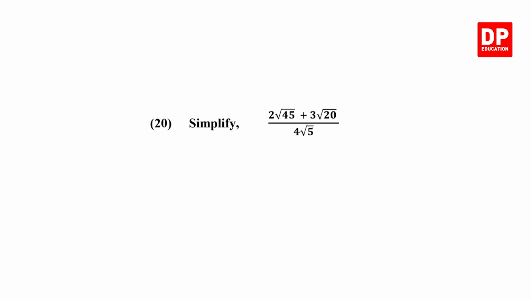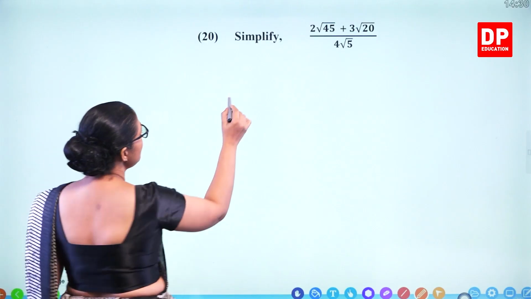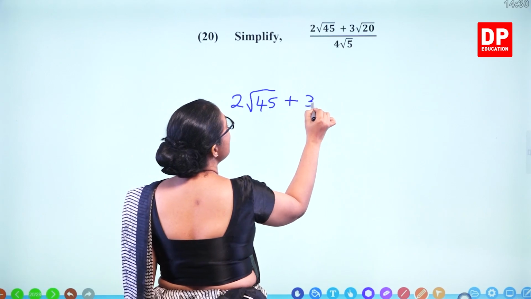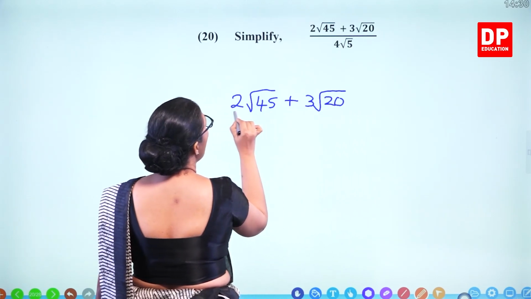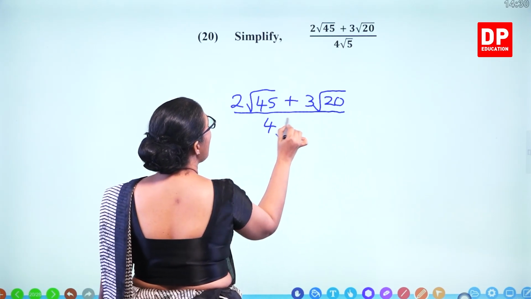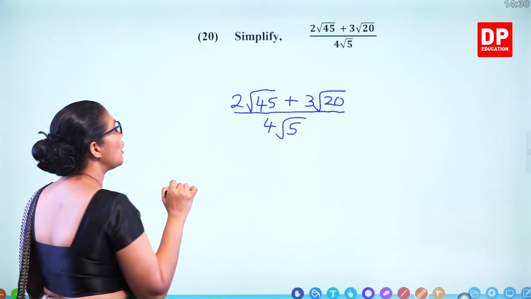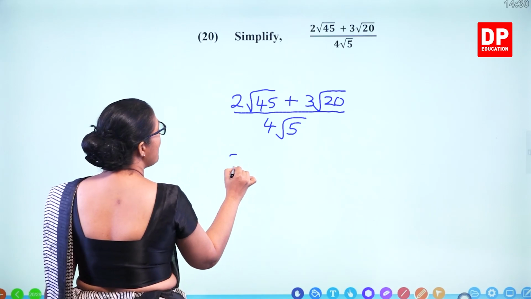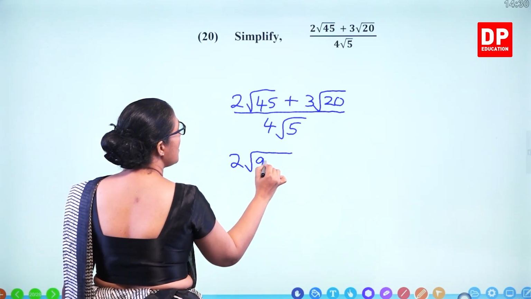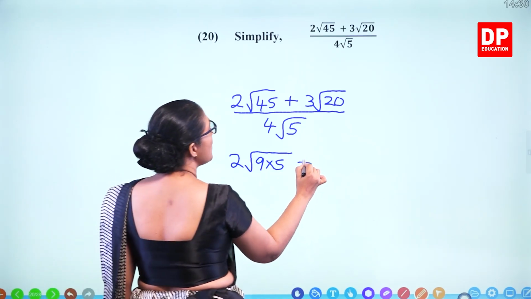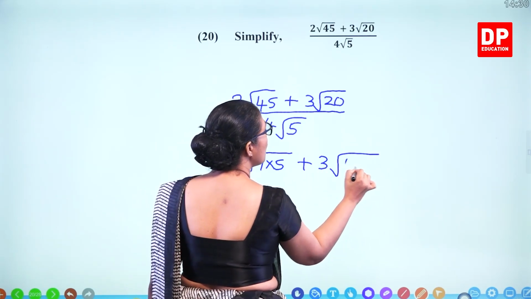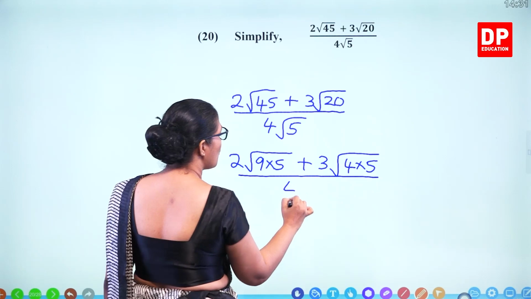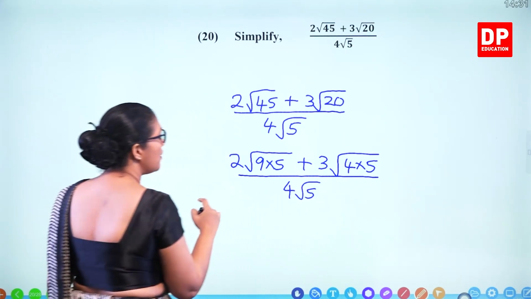Question number 20. Simplify 2 root 45 plus 3 root 20 over 4 root 5. Now 45 can you write as a square number? 9 times 5. 20 is 4 times 5. And this is 4 root 5. Now simplify.